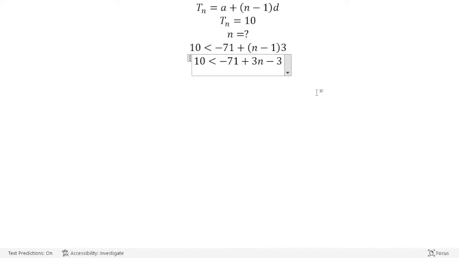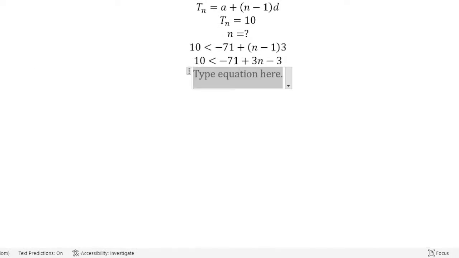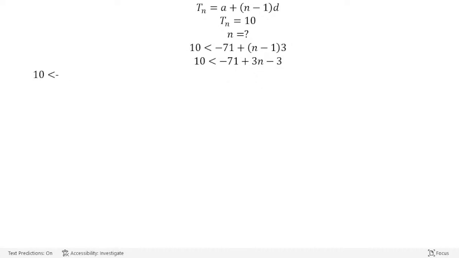So here, let's simplify. 10 is less than negative 71 minus 3, which is negative 74, plus 3n. Then now, let's have the value of n.